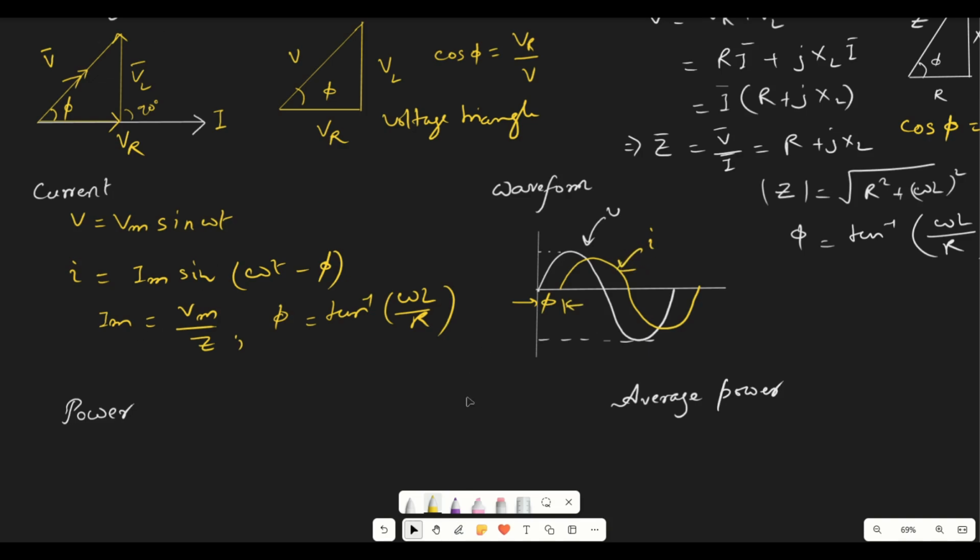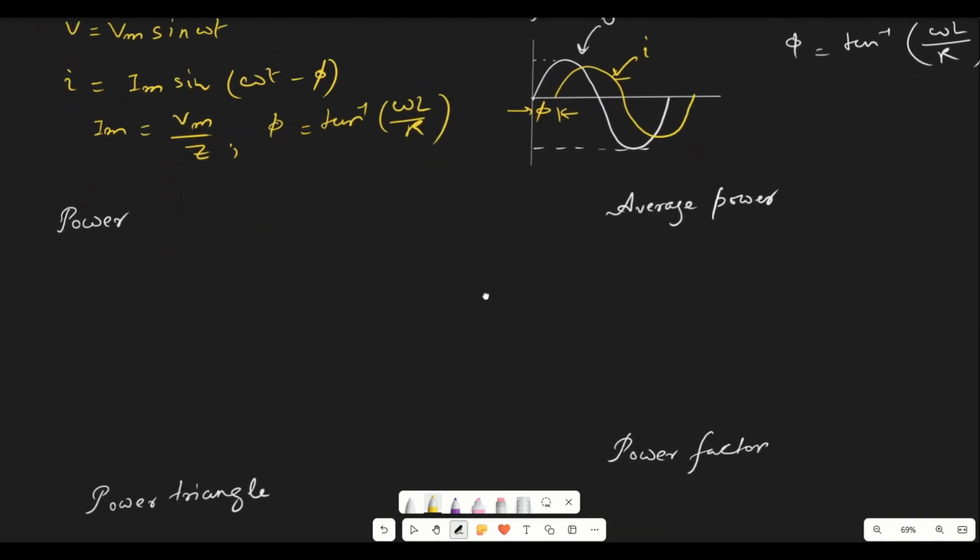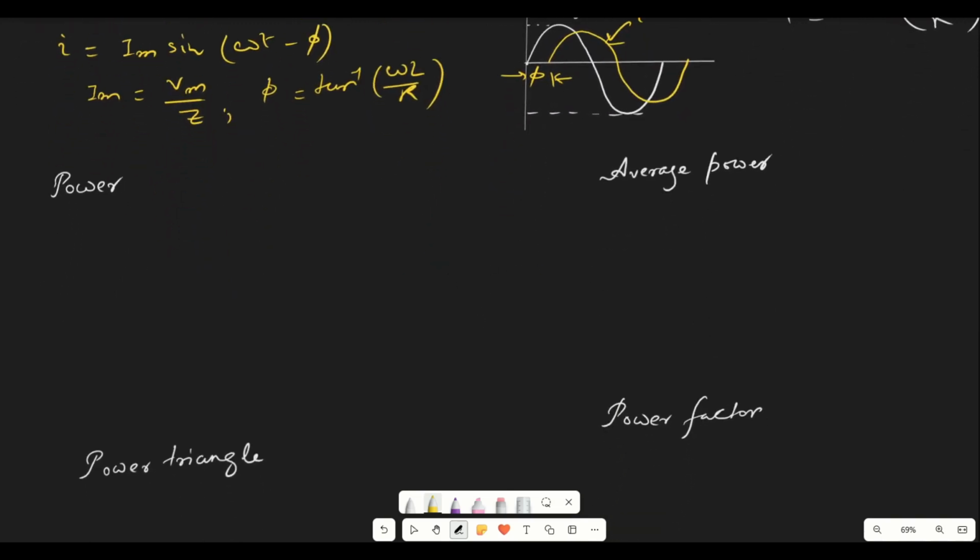Now let us move on to the other component, which is power. The power is given as P equals V into I. The voltage is Vm sin omega t, and the current is Im sin of omega t minus phi.